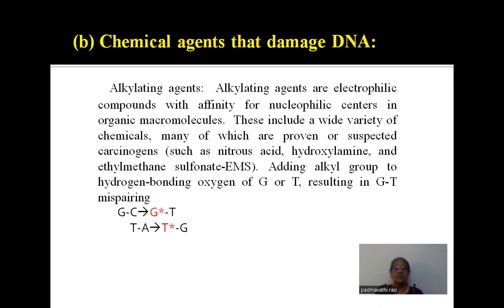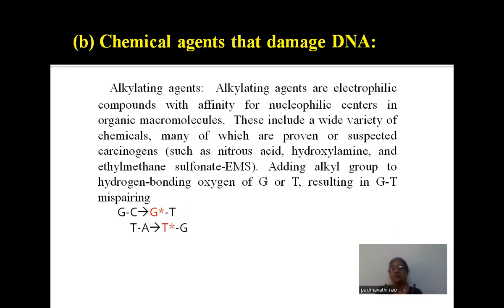In some cases, alkylating agents act on hydrogen bonding. You know that GC and AT pairs are formed because of hydrogen bonding. Whenever the DNA molecule is exposed to an alkylating agent, the hydrogen bond immediately breaks down and releases free radicals.